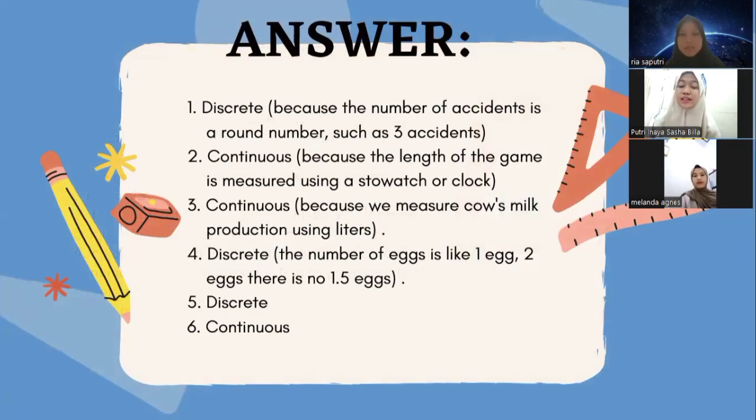Okay, well, these are the answers to the questions. The first is discrete because the number of accidents is a round number, such as 3 accidents. 2 is continuous because the length of the game is measured using a stopwatch or a clock. 3 is continuous because we measure cow's milk production using liters. 4 is discrete because the number of eggs is like 1 egg, 2 eggs, there is no 1.5 egg.